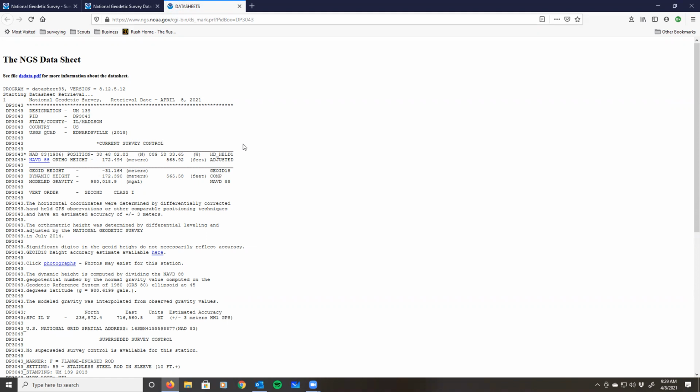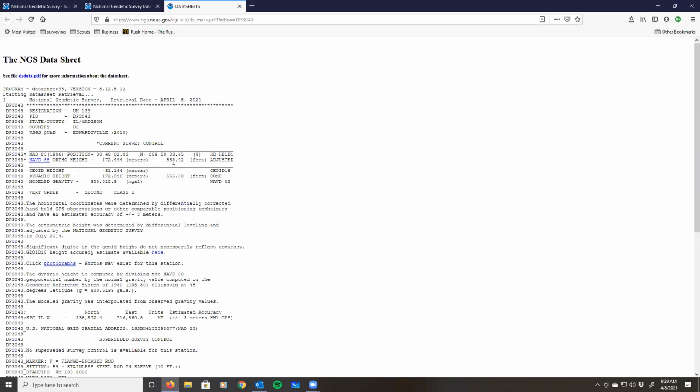The position is only shown to the nearest 10th of a second on latitude and longitude. It'd be shown to quite a few more decimal places if it were for horizontal control. But you'll see that for vertical, it's 172 point, so it's down to millimeters on that.